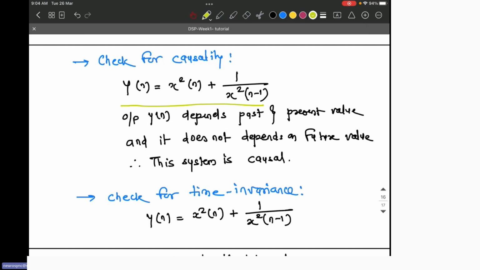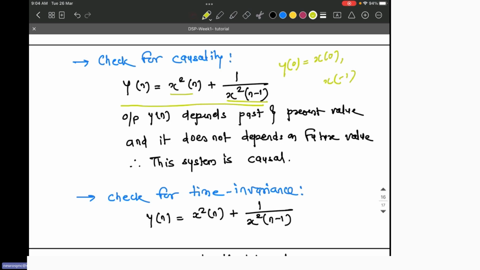Now, in this case, if I want to find out the output y(0), I will need information of x(0) and x(0 minus 1), that is x(minus 1), right? I will need information of x(0) and x(minus 1).